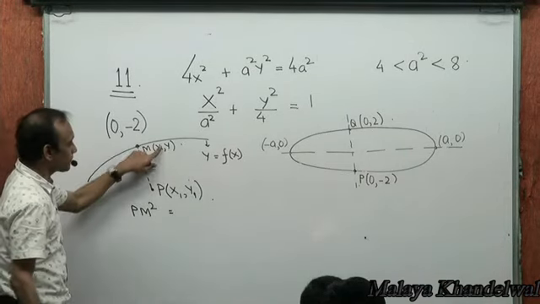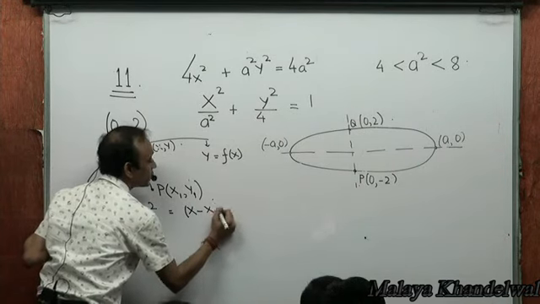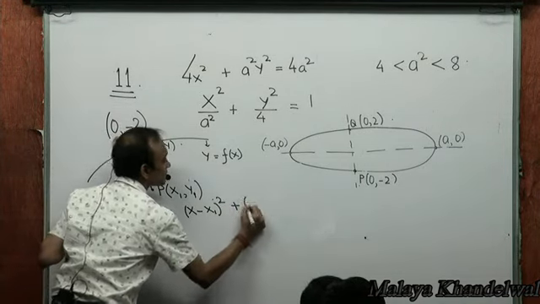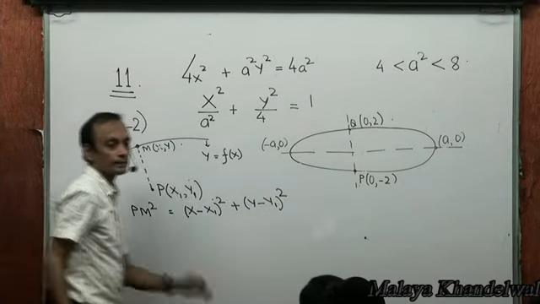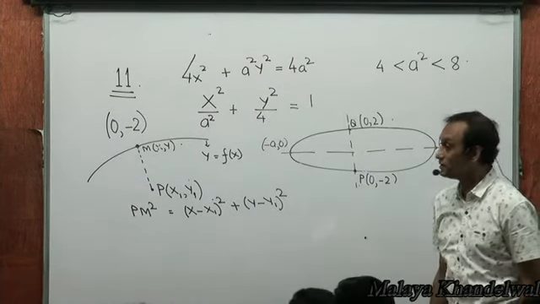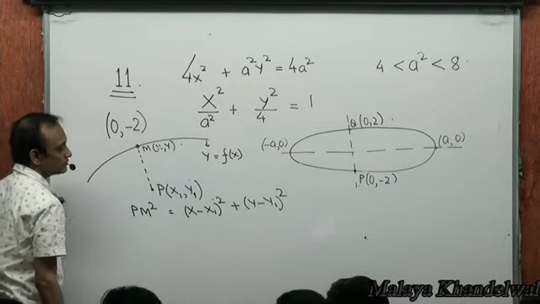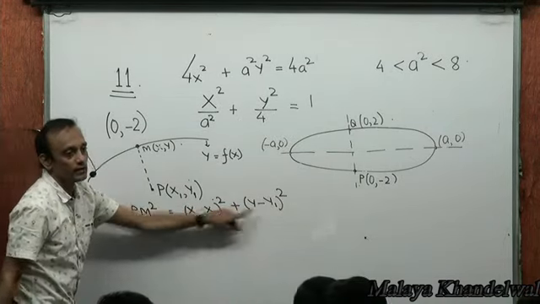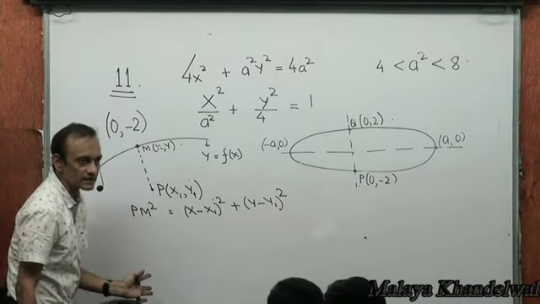PM squared is (x minus x1) whole squared plus (y minus y1) whole squared. This is a function of x and y. It's a function of x because y also is a function of x, right?